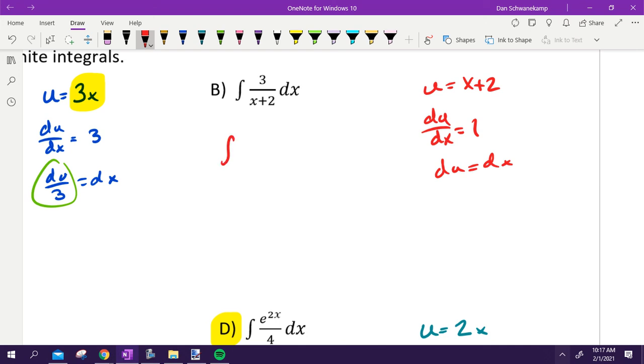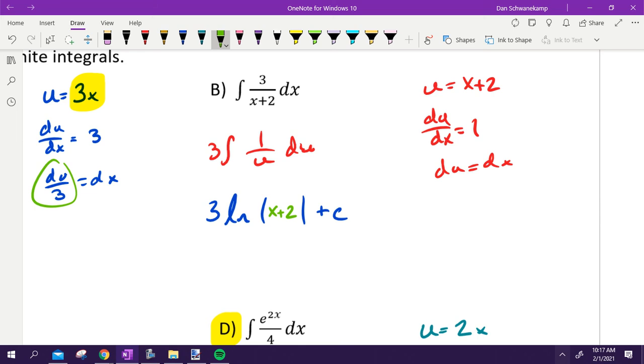So what I get here, do I have any constants? 3, pull it out in front. And then it would be 1 over u du. What is the antiderivative of 1 over u? Natural log, absolute values. I still got that 3 out in front. Plus c. And then in place of that would be x plus 2.